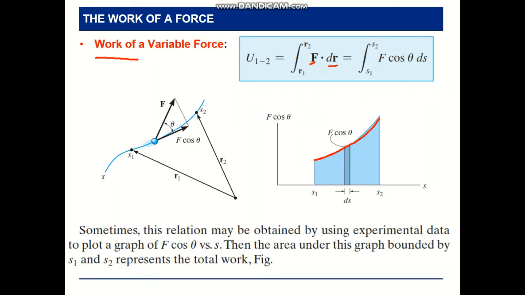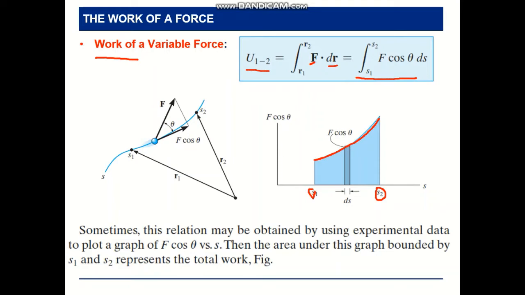In integral form, the change of energy is equal to the integral from r1 to r2, or s1 to s2, of F dot dr. In magnitude form, the integral from s1 to s2 of F cosine theta ds gives us the change of energy from one point to another.